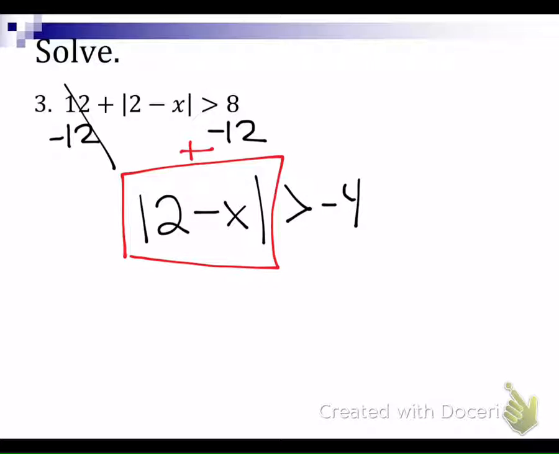Any positive number at all is greater than negative 4. And then the 4 is negative, so all positive numbers are always going to be greater than that. No matter what you make the x, those are always going to be positive. So what's my answer?